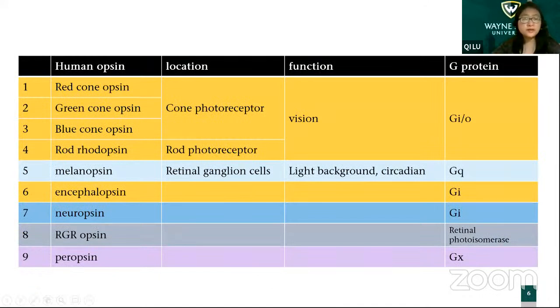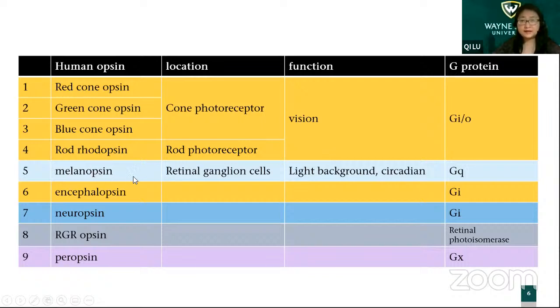So for human, this is human opsin, totally 9. The very traditional ones are the 3 types of cone opsin: red, green, and blue opsin, and rhodopsin. They all function in the retina.